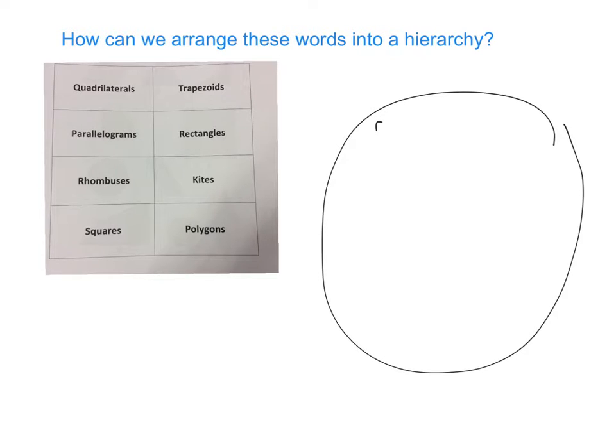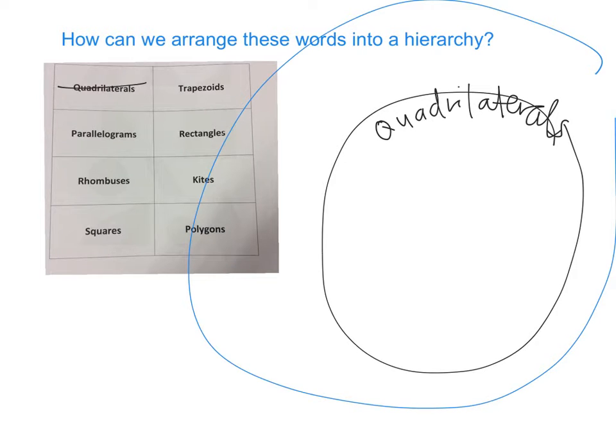So I'll write quadrilaterals here. Are you sure that one's the most broad, though? Is there anything that could be a bigger category, Alona? Polygons. Because are all quadrilaterals polygons? But are all polygons quadrilaterals? No. Okay, good. So we're done with those two.